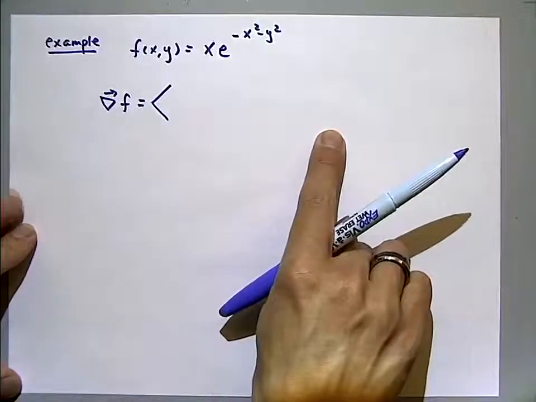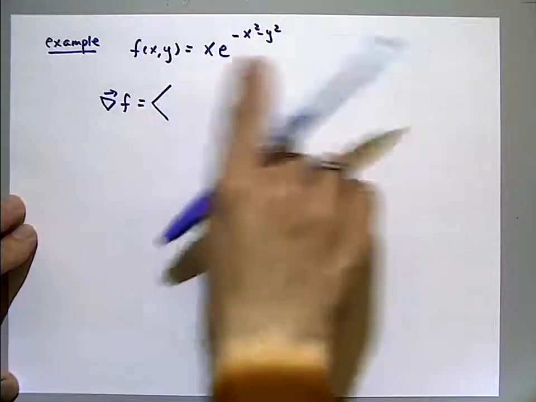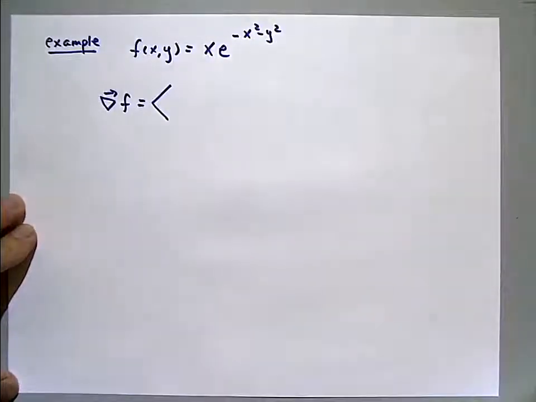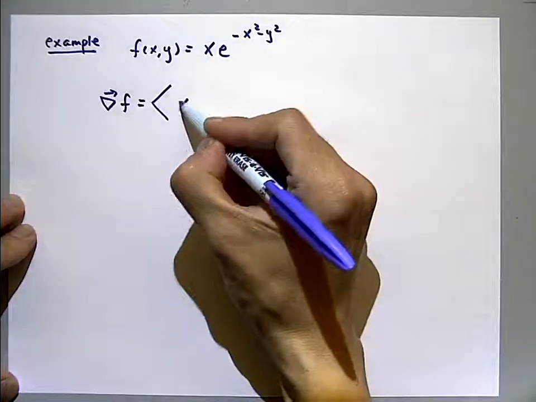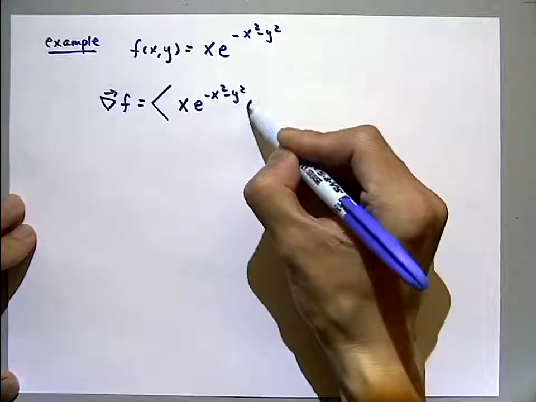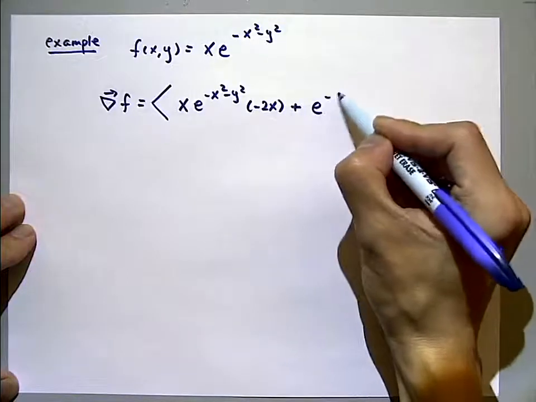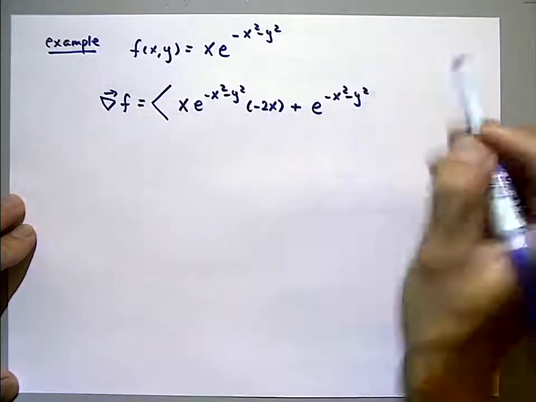First, the i component is the partial derivative with respect to x. Right? So the first one here, we need to use the product rule to do it. First, derivative of the second plus the second times derivative of the first. That's a 1.